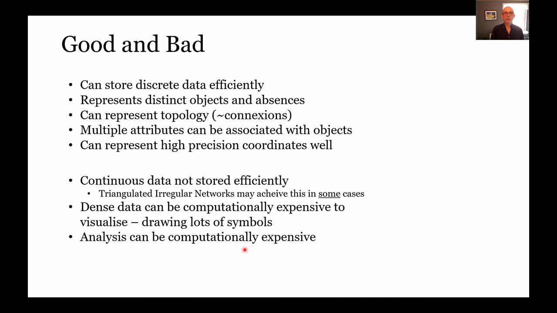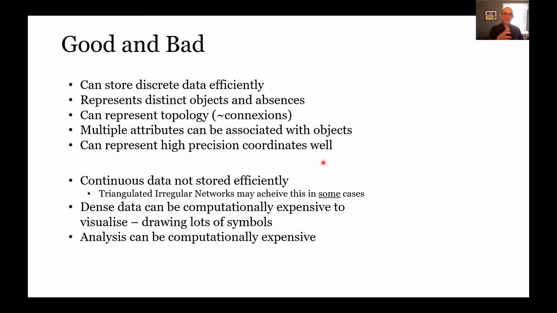Whereas with the discrete data of a vector, these distinct objects, where something exists, where something happens, then we write some data. Otherwise, we don't say anything. It's either all within the boundary of a polygon or it's outside of any information. It doesn't matter. It's not relevant. We don't need to say this is this, this is this, over and over again. It's just done. So it's quite efficient for this kind of discrete data.